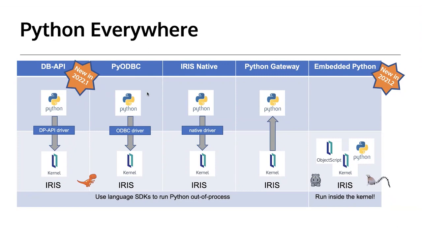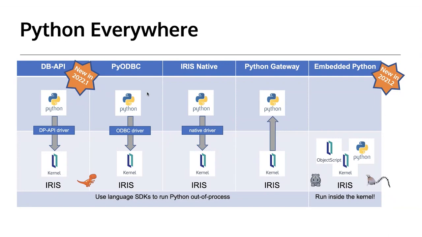And a lot of people have all their data in relational tables that can be queried via SQL, and this works great for them. There's a growing developer community who like the DBAPI flavor of working with relational data, and so we have introduced a DBAPI driver for that community.